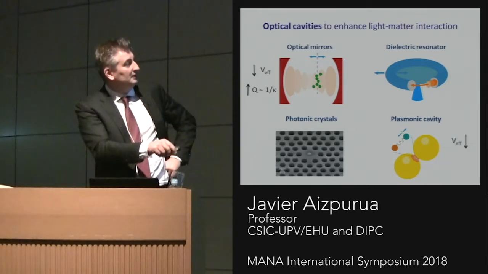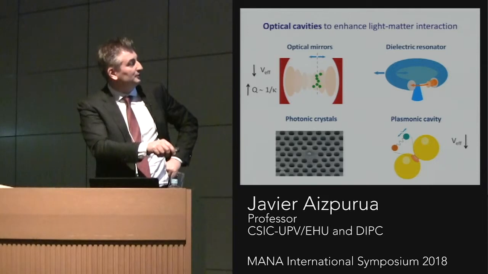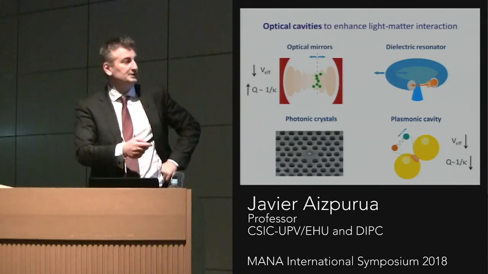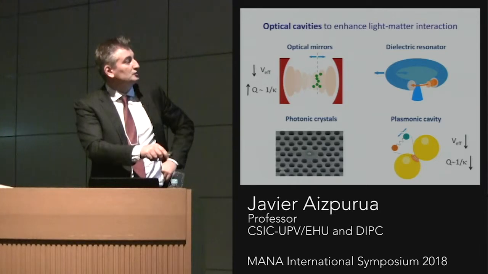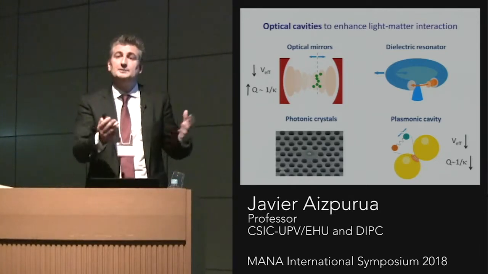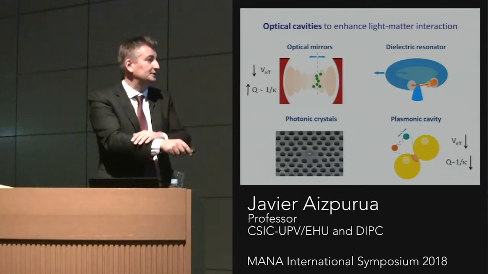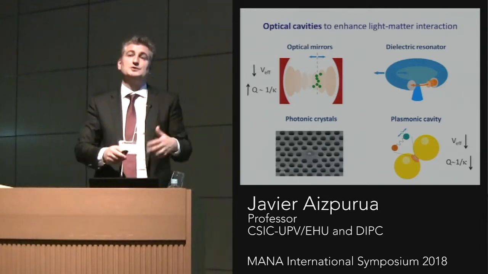So we have an incredible ability to reduce and trap light to the nanoscale, but the drawback is that metals involve tremendous losses, as we all know, and then these photons don't live too long. So it's a trade-off between how much you trap light to interact more effectively with your molecules or emitters, but these photons don't last too long.